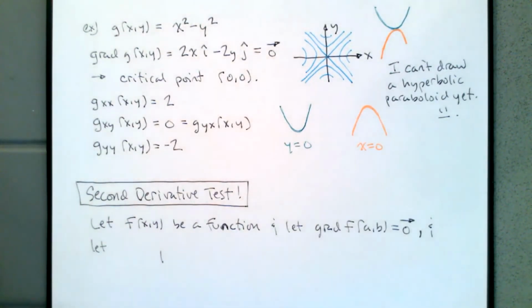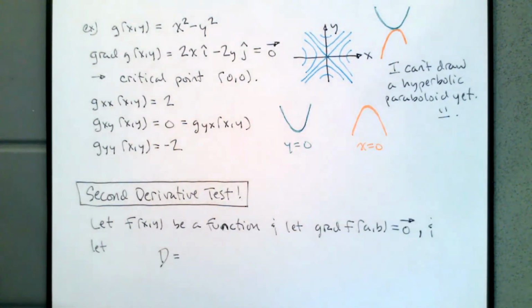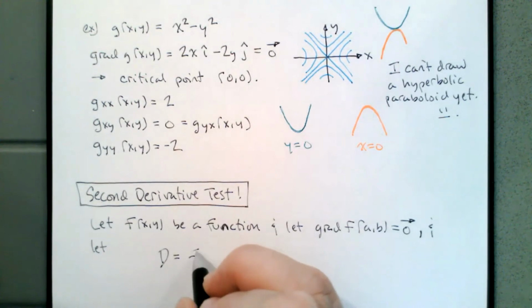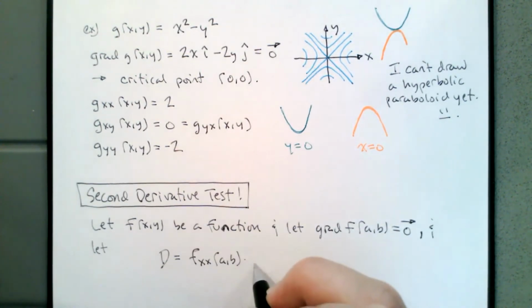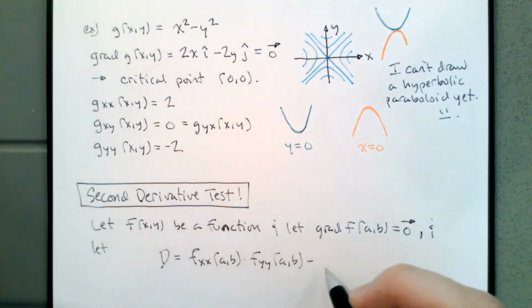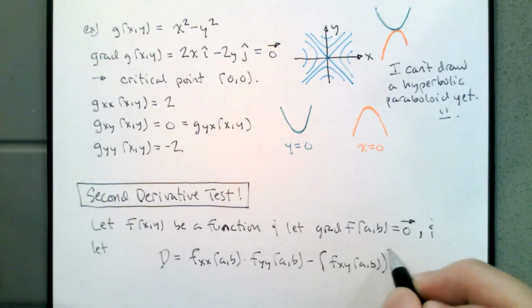I think this book calls it capital D. We're going to combine the four second derivatives into this calculation: fxx at AB times fyy at AB minus fxy at AB squared.